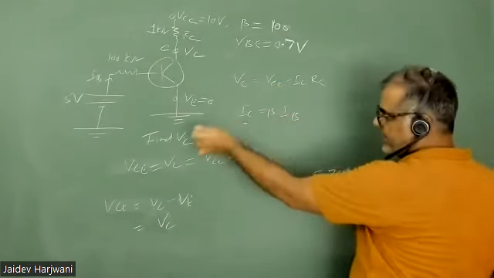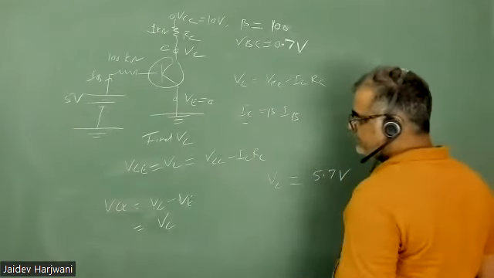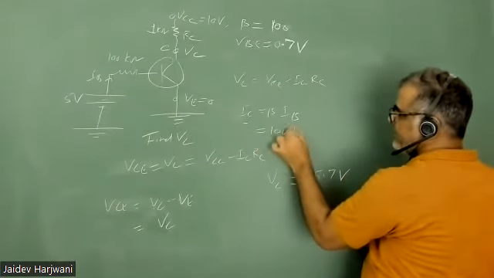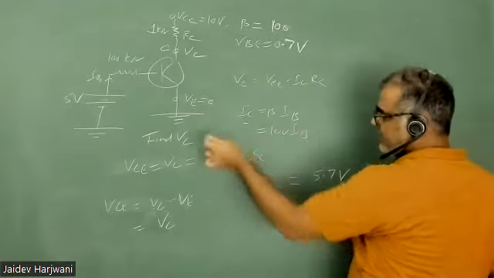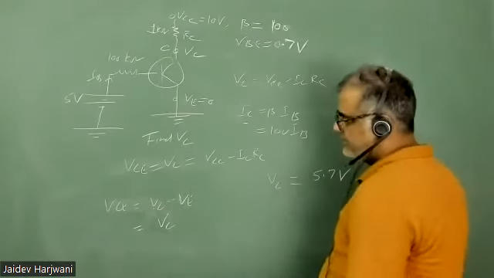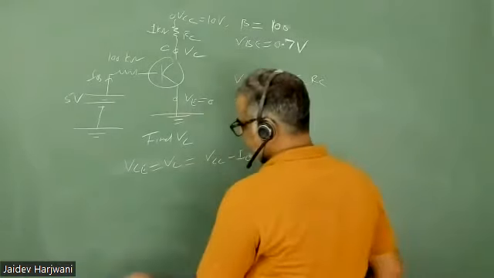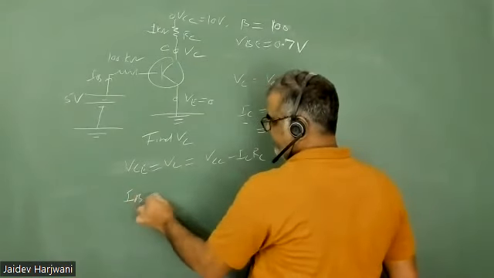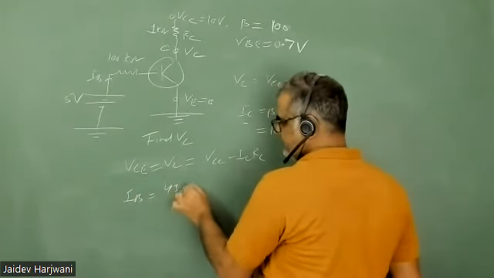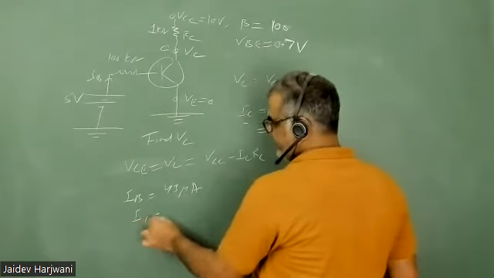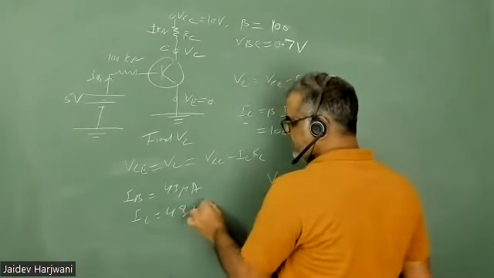So first find IB in the circuit; beta is given as 100, so IC is 100 IB. IB is 43 microampere, so IC is 4.3 milliampere.